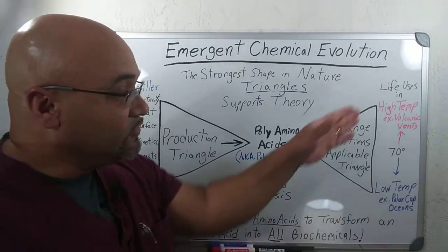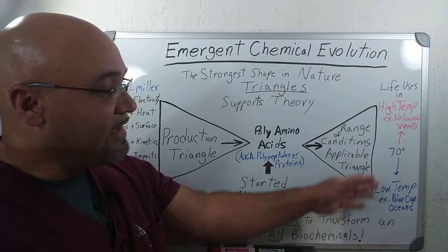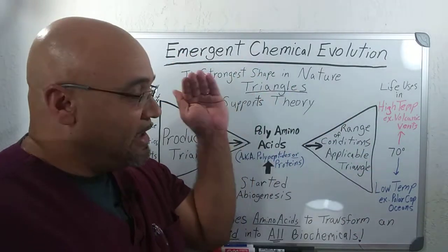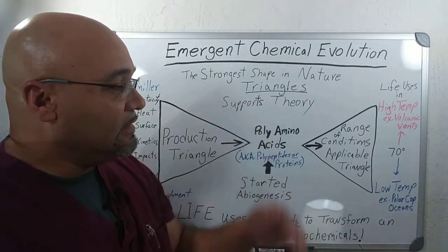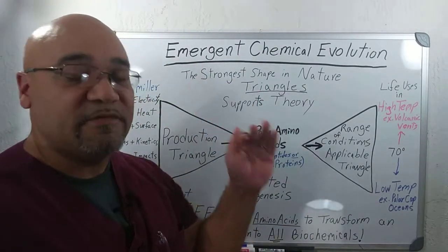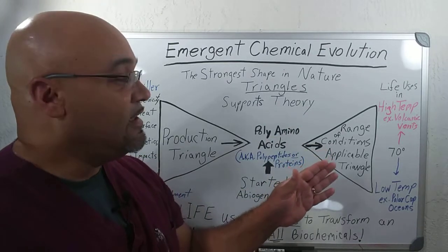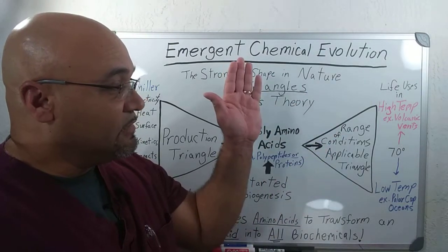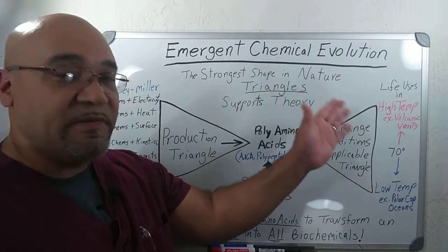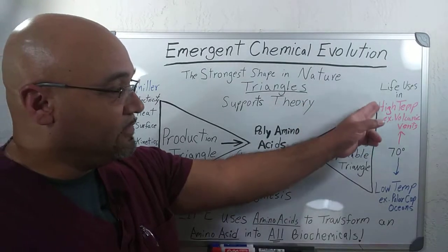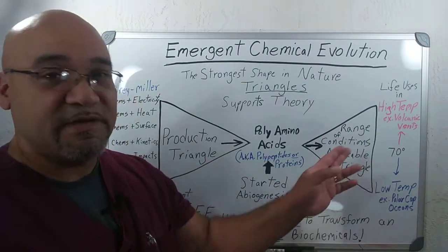So what this shows me is that there is an unsurmountable amount of sequences that can be made of amino acids that can work from high temperature to low temperature.